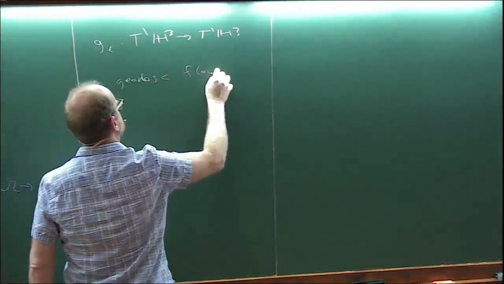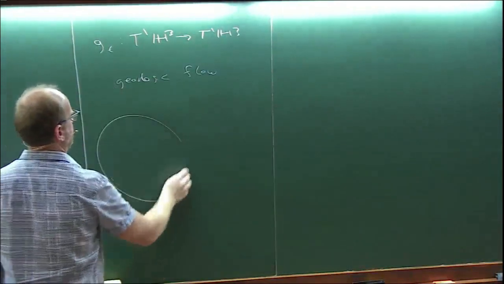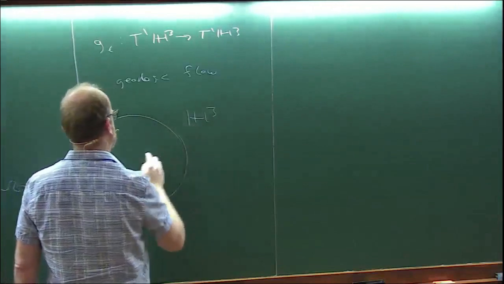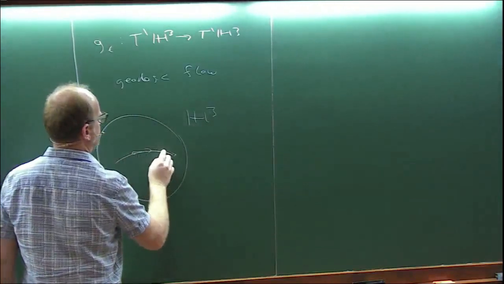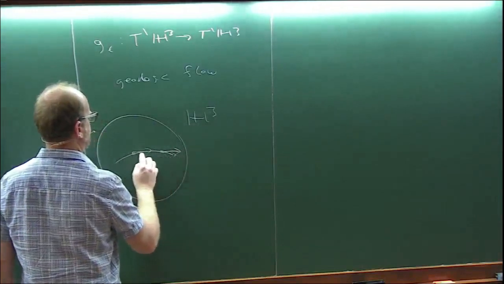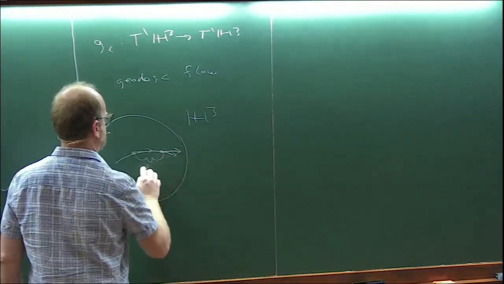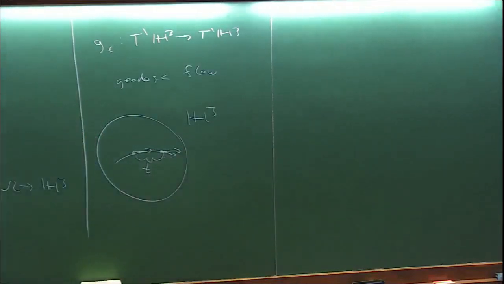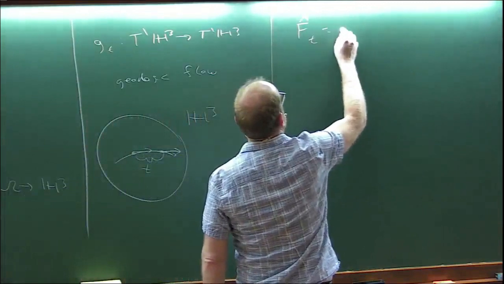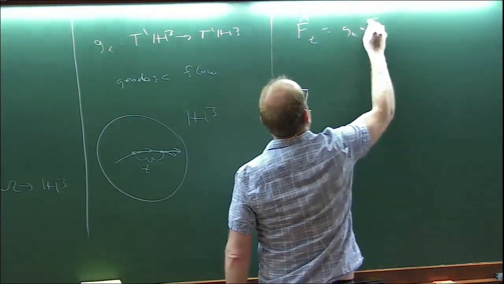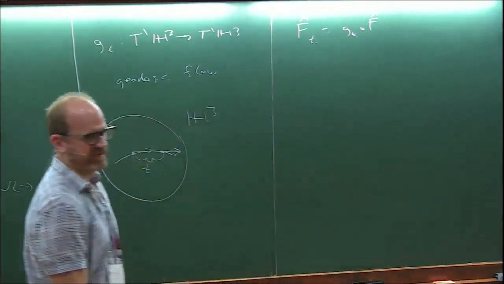Right, so just draw the picture. We have some vector, and then we flow forward some time t, and we get another vector. So this is distance t. And we can compose our lifted map with g of t to get a whole family of maps.